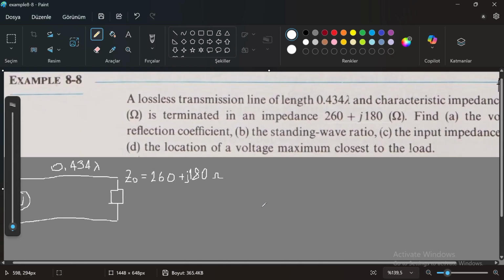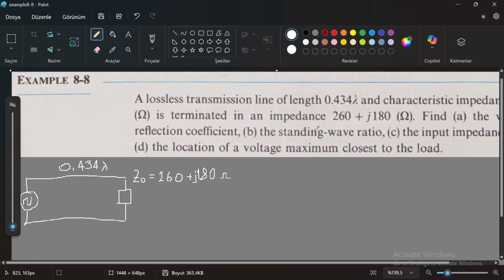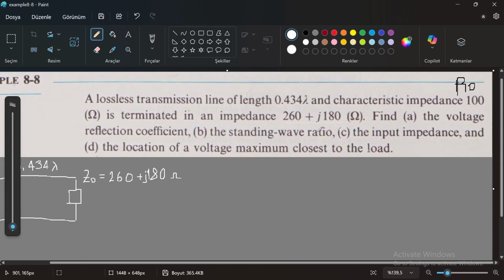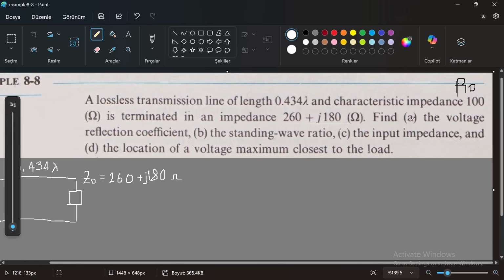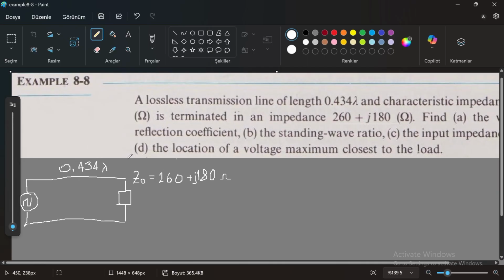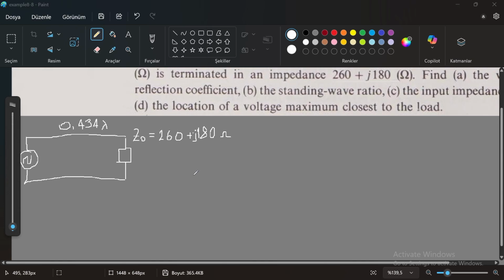Okay. So the first thing, it is asking the voltage reflection coefficient. Okay. So how can we find that? Let me show you here.